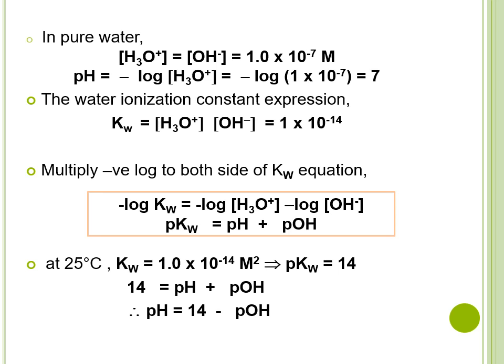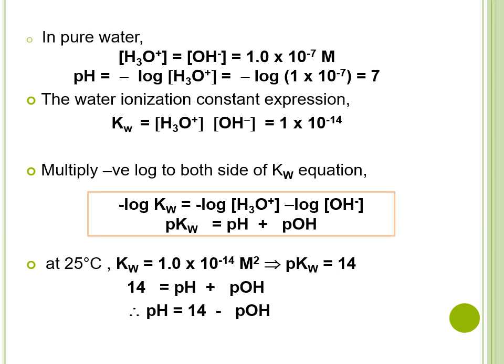And as we have done previously, the water self-ionization constant expression Kw is equal to the concentration of hydroxonium ion multiplied by the concentration of hydroxide ion, which is equal to 1 times 10 to the power of negative 14. Now, what if we multiply negative logarithm to both sides of the Kw equation? Negative log Kw equals negative log concentration of H3O+ minus log concentration of OH-.